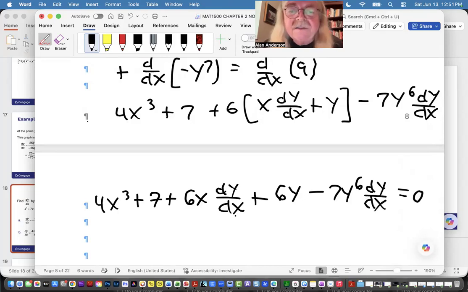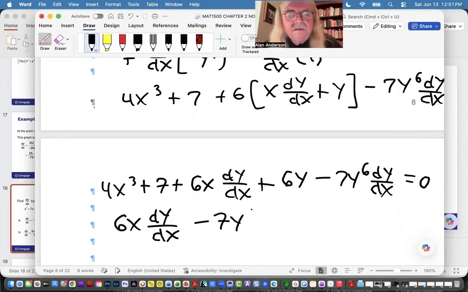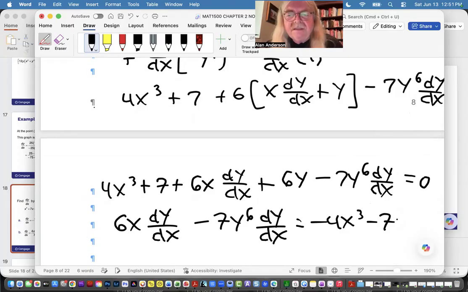And like the last case, we're going to move to the other side of the equation any terms that do not contain dy/dx. So we have negative 4x cubed minus 7 minus 6y.